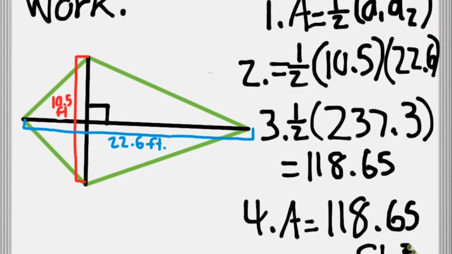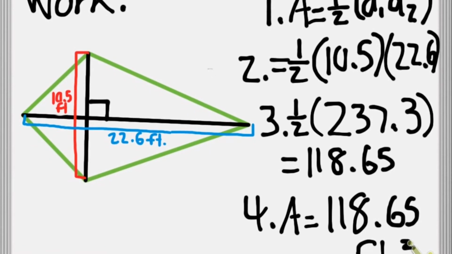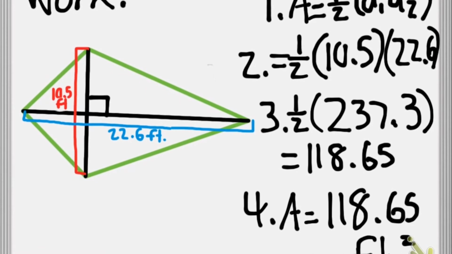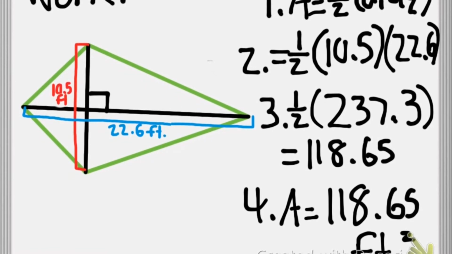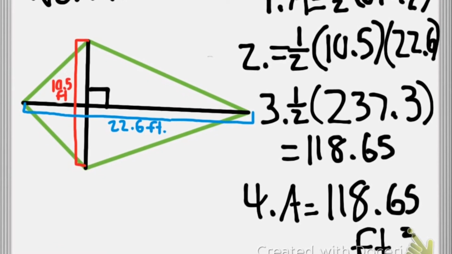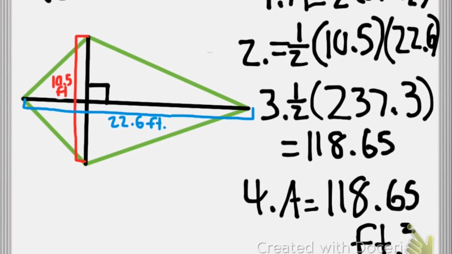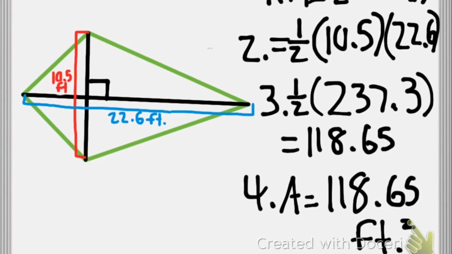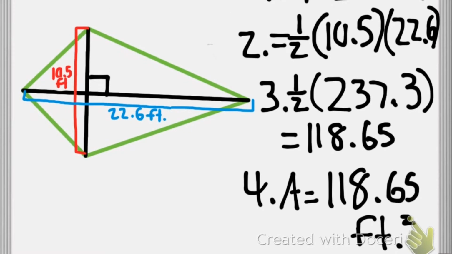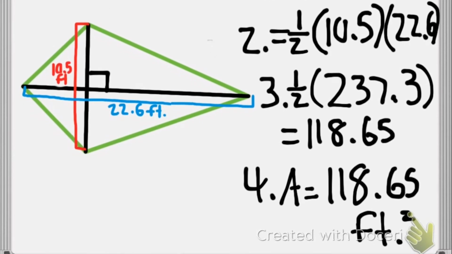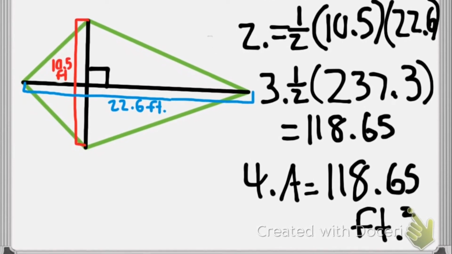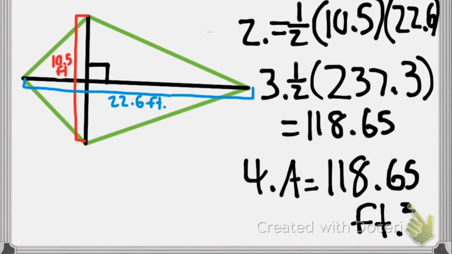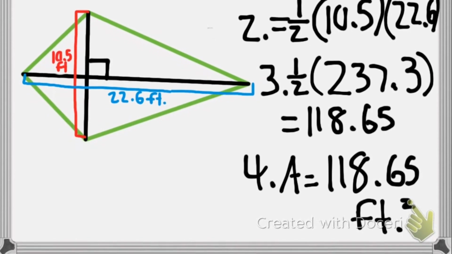First, multiply 10.5 and 22.6, which will get you 237.3. Then divide 237.3 by 2, which will give you a quotient of 118.65. Now that we have solved our equation, we can write an answer of 118.65, which is the area of our garden.